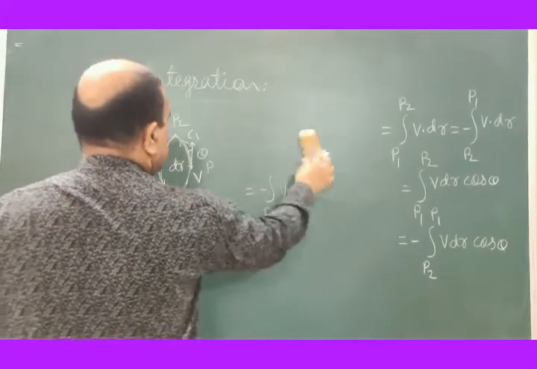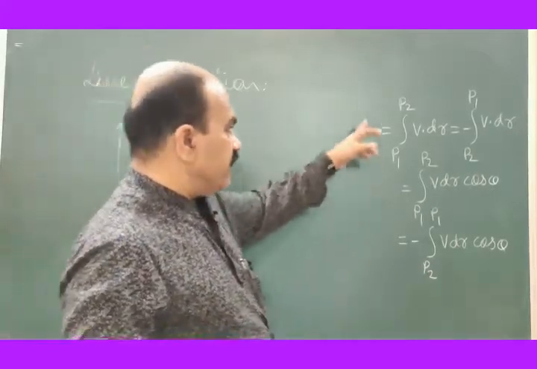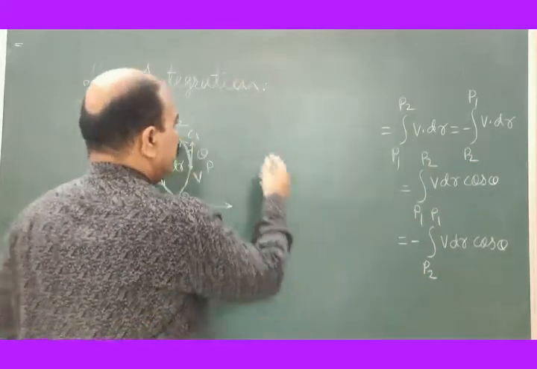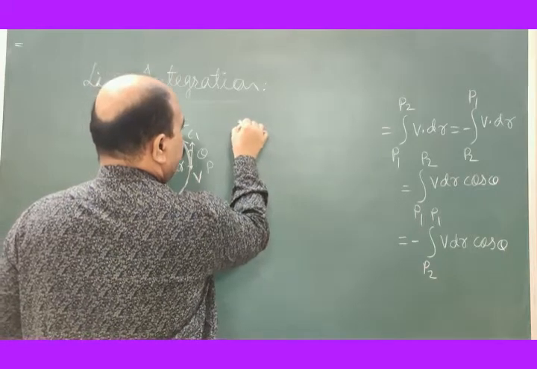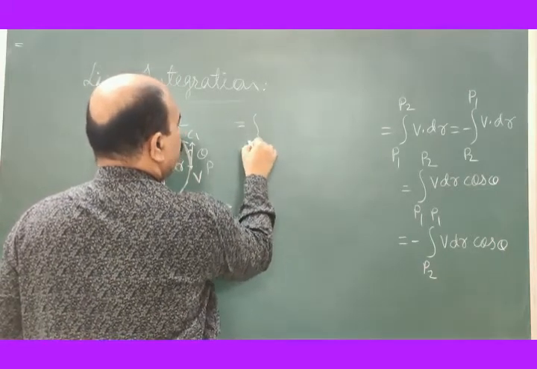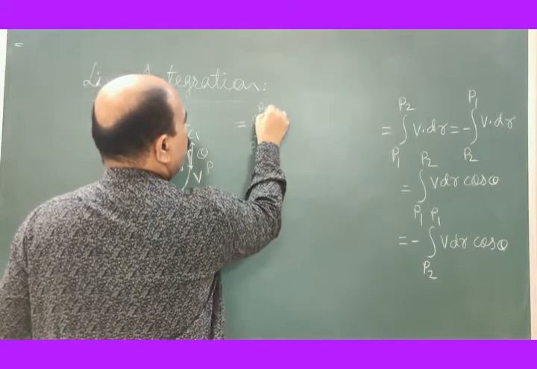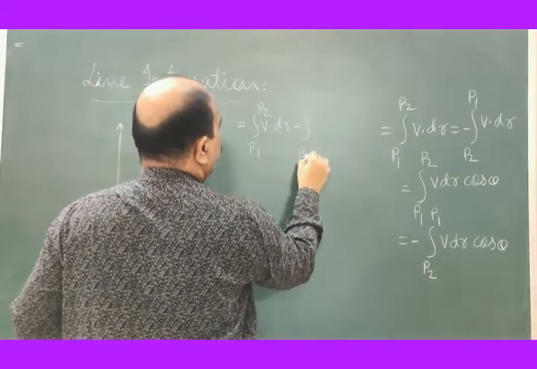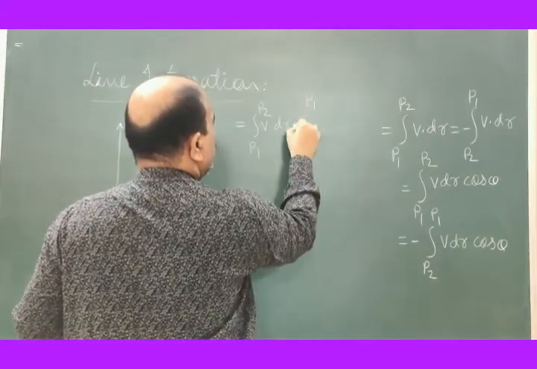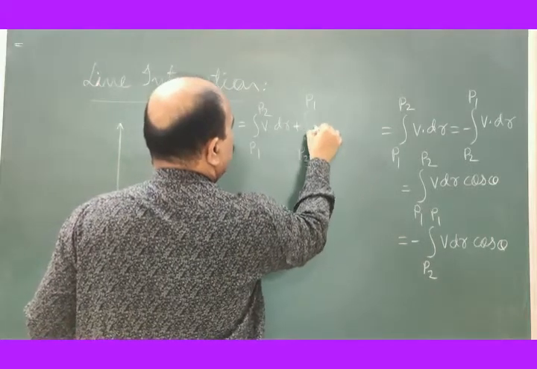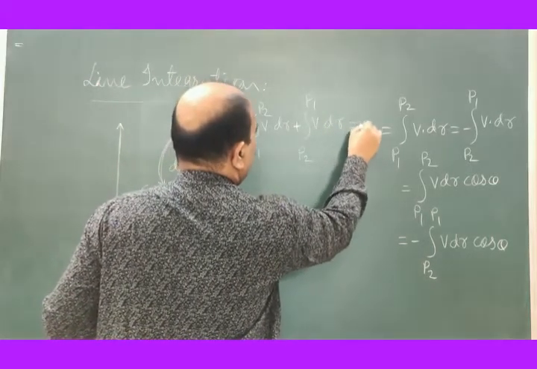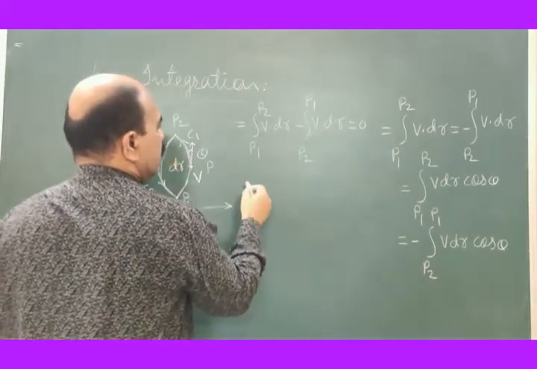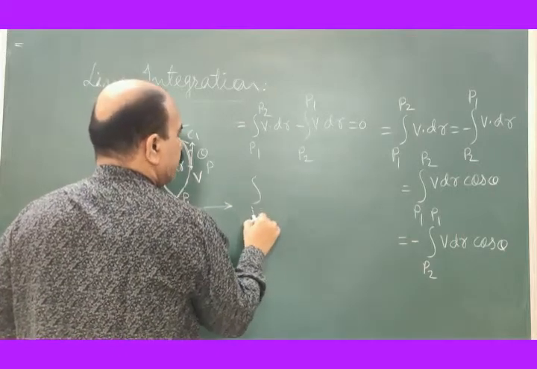Now if we take this sum, see what we get here. I may put a plus sign here. This is becoming automatically minus because of the reverse direction. For this, I may put the same thing.